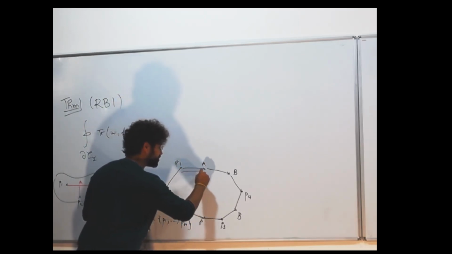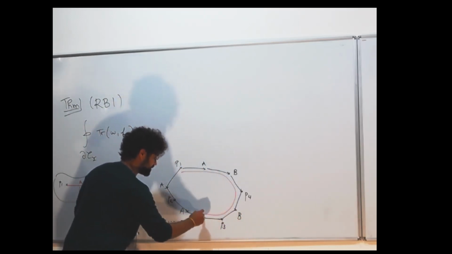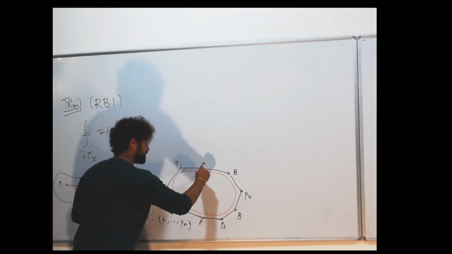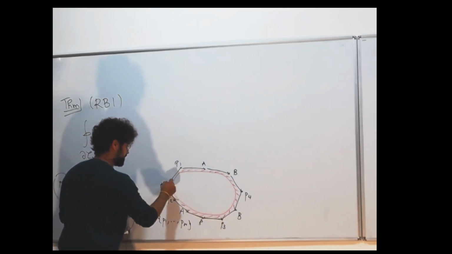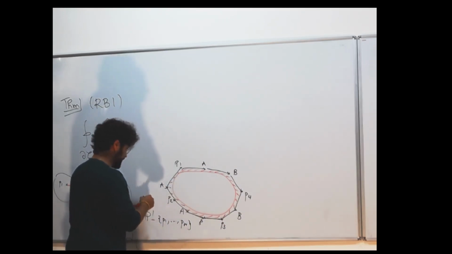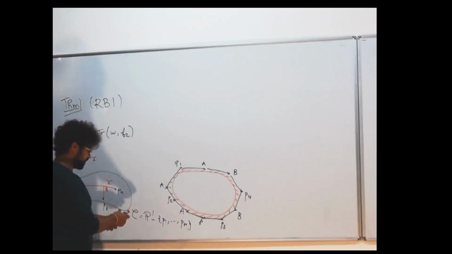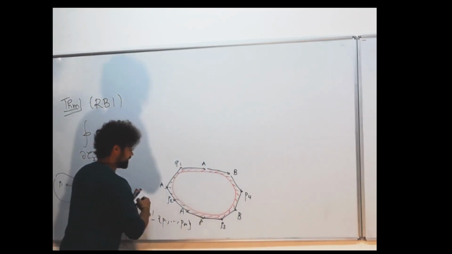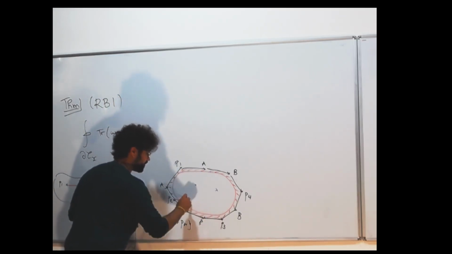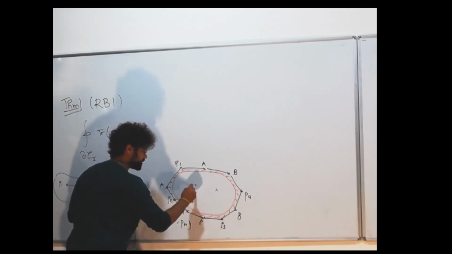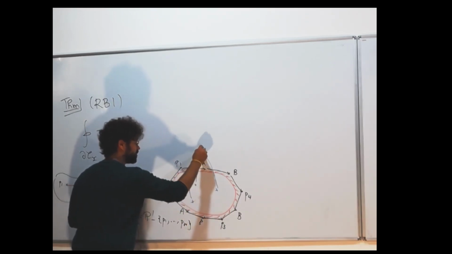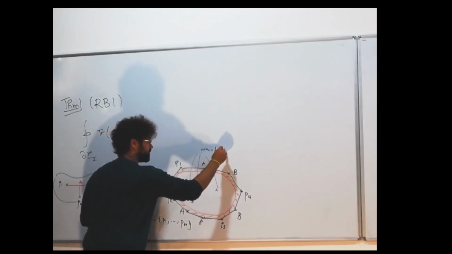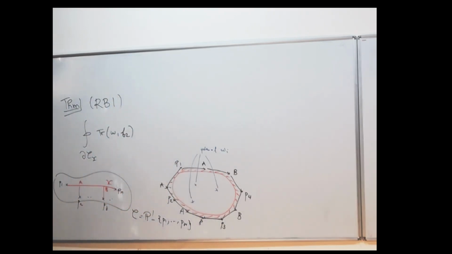So basically the tubular neighborhood looked something like this, where maybe inside we were leaving off the poles of the omega i's.